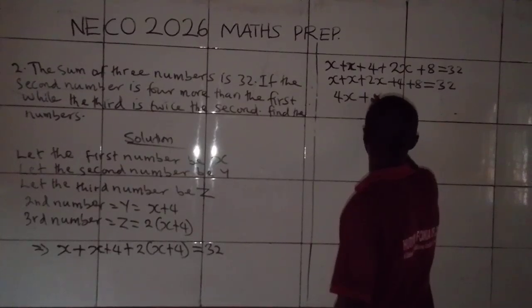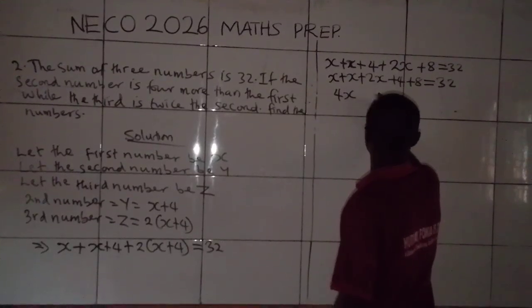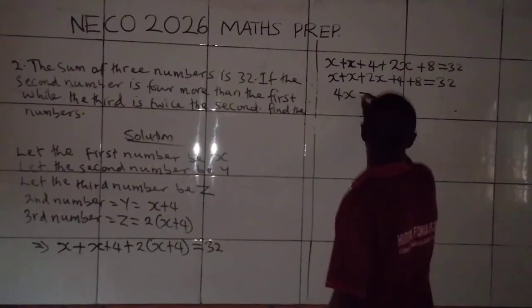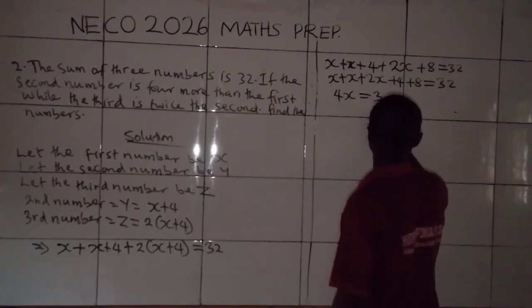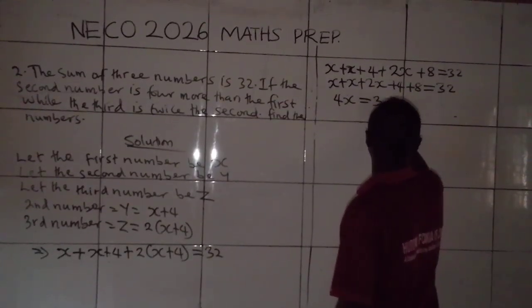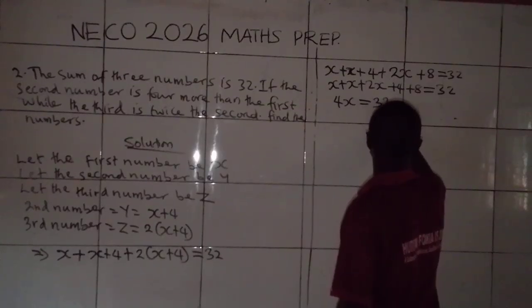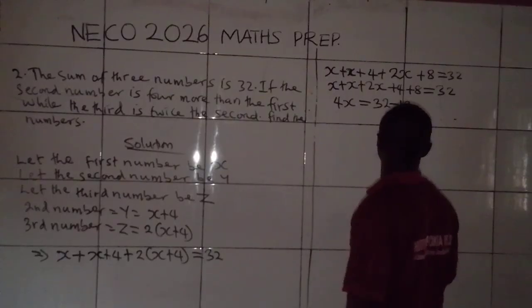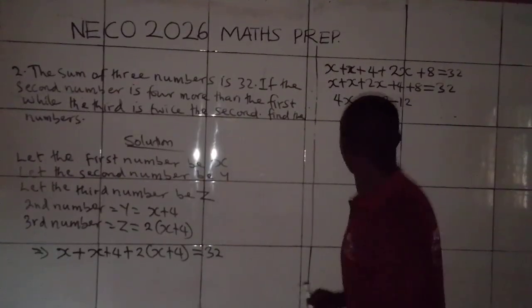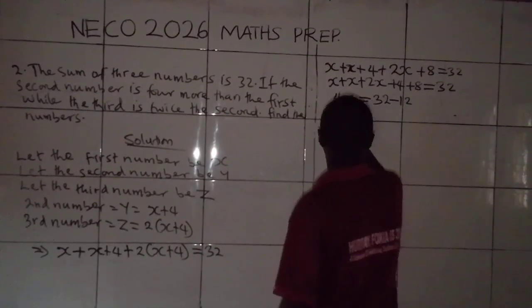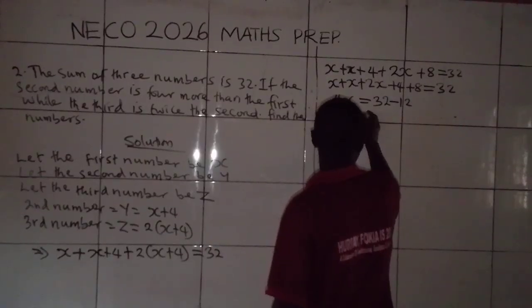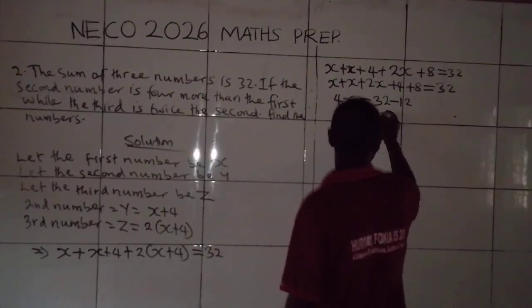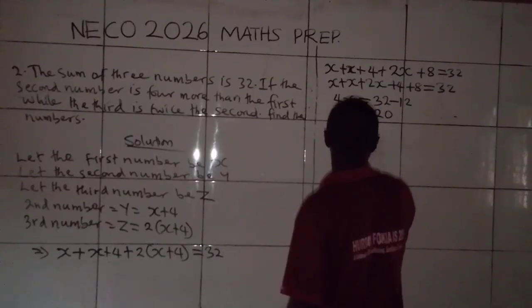So we have that's 4x is equals to 32 minus 12. Because 4 plus 8 is equal to 12. So we now have 4x is equal to 32 minus 12, which is equal to 20.